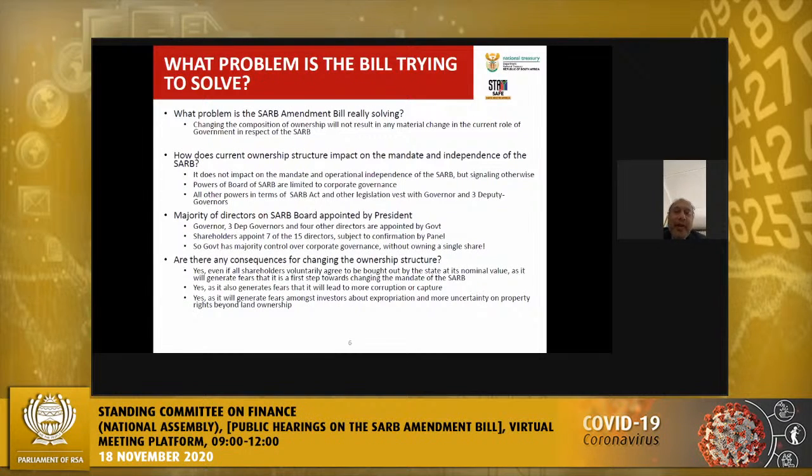And it also generates fears that it will lead to more corruption or capture. Whether you agree with that or not is one thing, but those fears are there. Yes, and it will also generate fears amongst investors about expropriation and more uncertainty on property rights beyond just the land issues that are also, as we all know, a part of the debate. Move on.